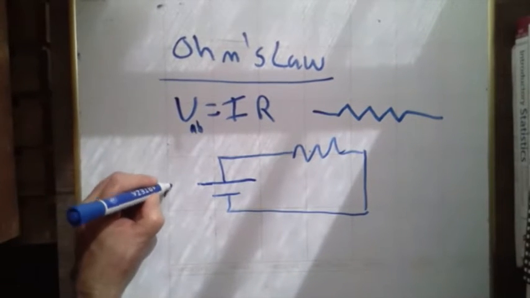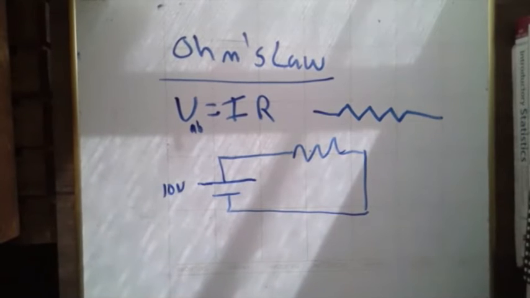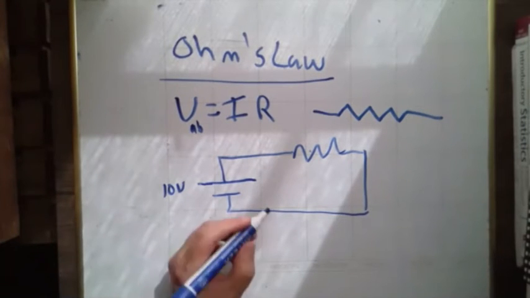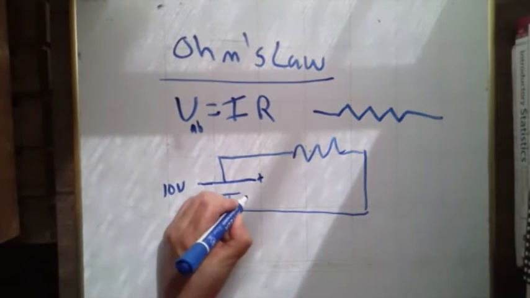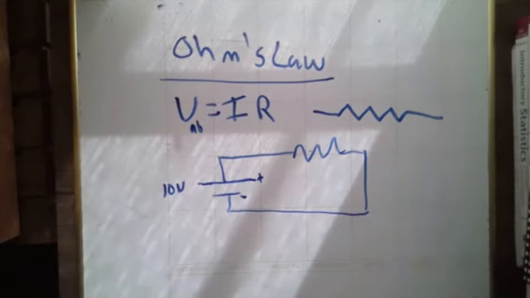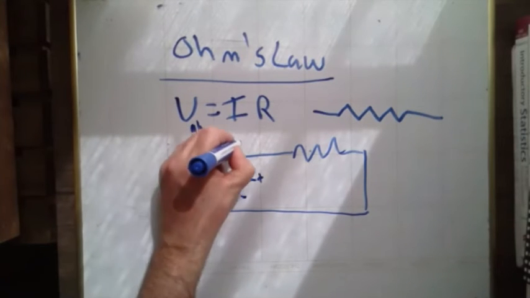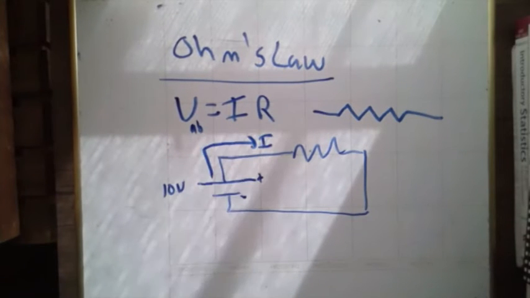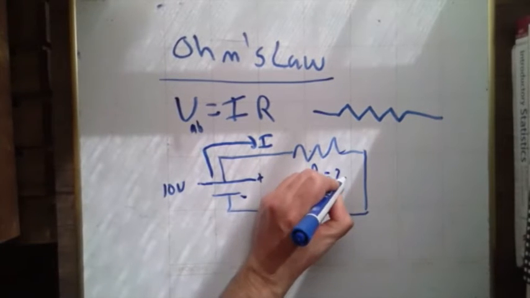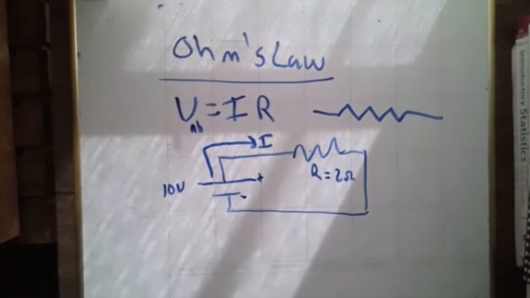Say this is a 10-volt battery. This is our positive side, this is our negative side. The big side's the positive side. That's the side current flows out of. Again, we assume conventional current, that positive charges are moving. Here's some resistor, R. Let's say it's a 2 ohm resistor.